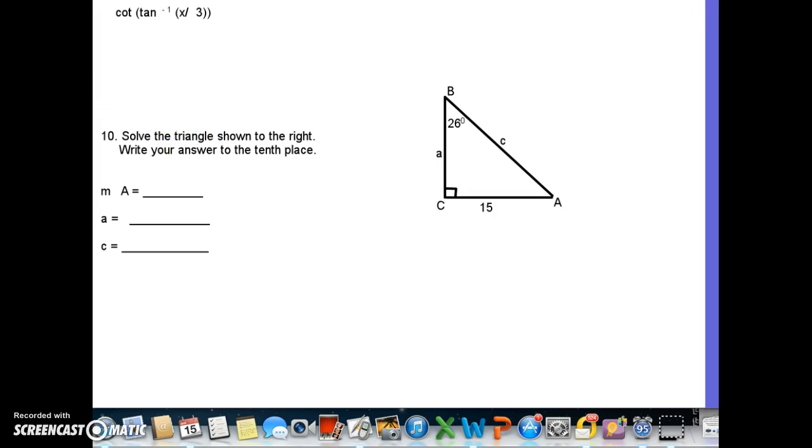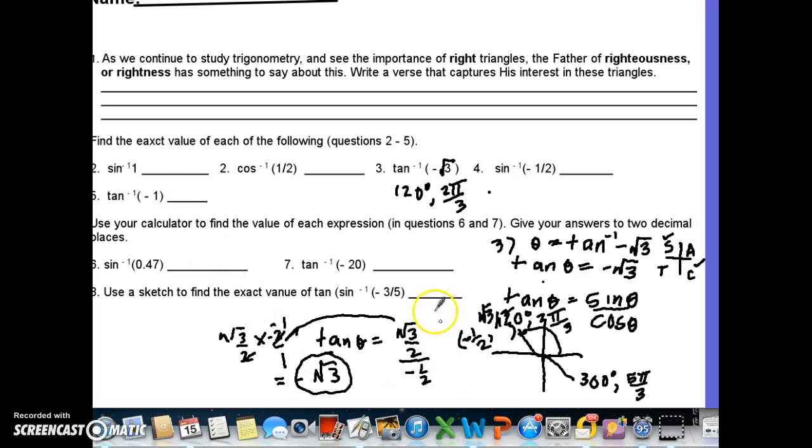So let me go back there for that one. Yes, it's the tan of the angle whose sine is negative 3/5. So let's find a good spot for this. There we go. This is number 8.